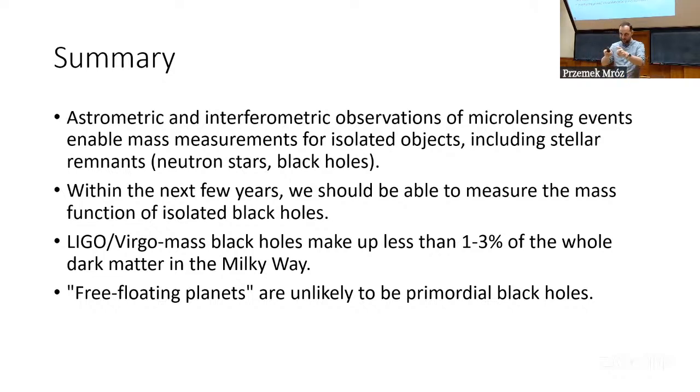So we hope to find similar objects. I think one of the biggest difficulties would be to distinguish between a 1 solar mass or 1.5 solar mass black hole and a neutron star. It is the main challenge for us. When we come up for that for LIGO in the future.